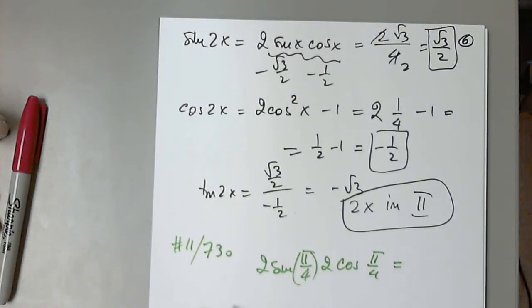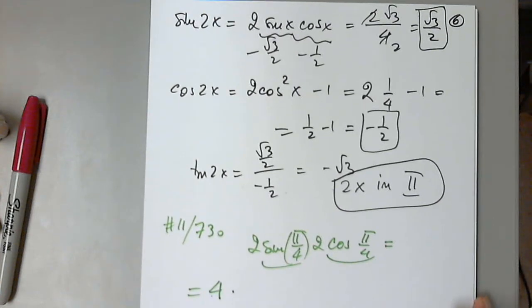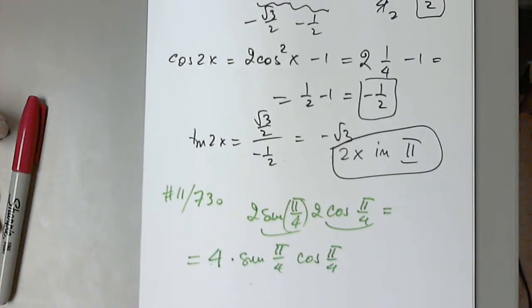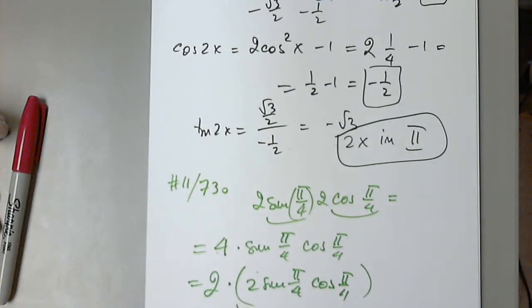Of course, I'm going to write 4 in front, and then sine pi over 4 and cosine pi over 4. So now if you correctly identify what I'm getting at, you will say, oh, I know this.